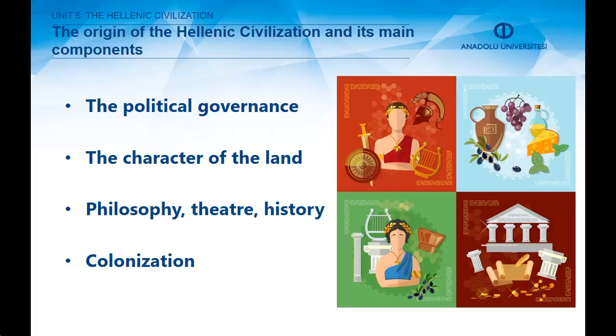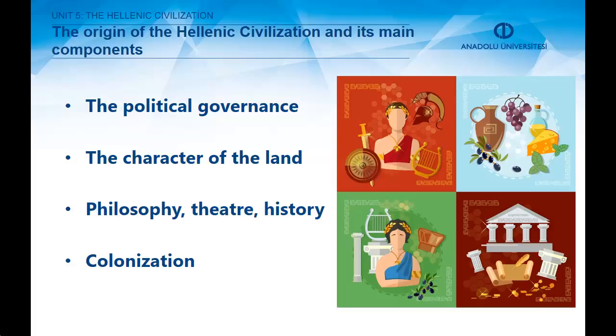For example, in Athens, the governing model was more open to outer sources, and the mobility of the people was allowed. Whereas in Sparta, the governing model was much more conservative in terms of political and social aspects.